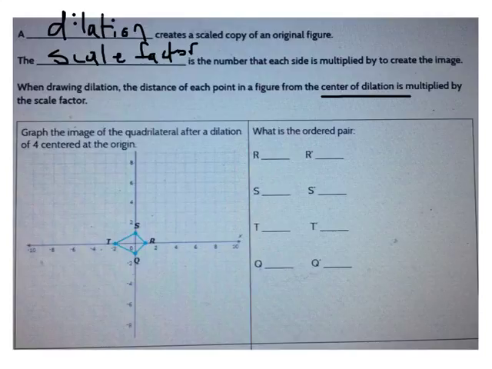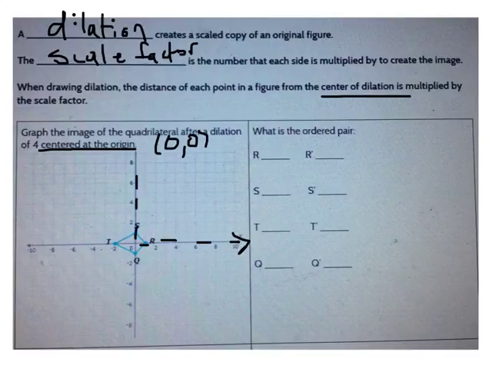Today we're going to make dilations that are centered at the origin. The origin is the point 0, 0 on the coordinate grid. Graph the image of the quadrilateral after a dilation with scale factor of 4 centered at the origin. When this happens, I know that each point is going to expand in distance from the point 0, 0 along straight lines.